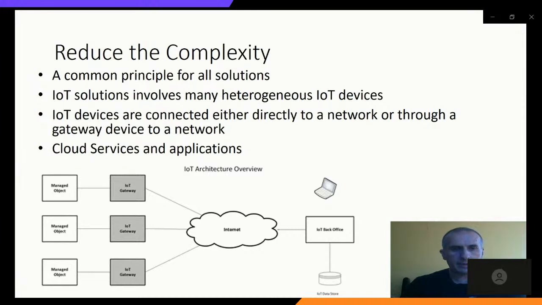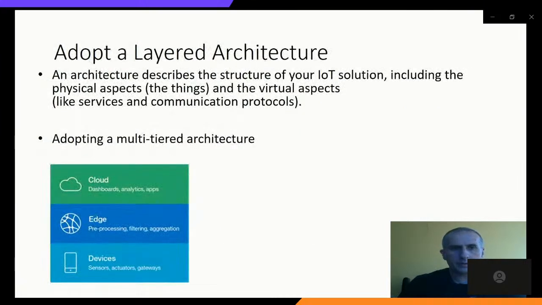In IoT, we have distributed systems where we have different components in different locations, and connection and latency are pretty specific for such kind of solutions. Another important thing is that we have multi-layered architecture. That means we have different specific layers.